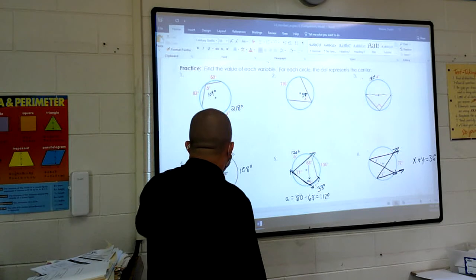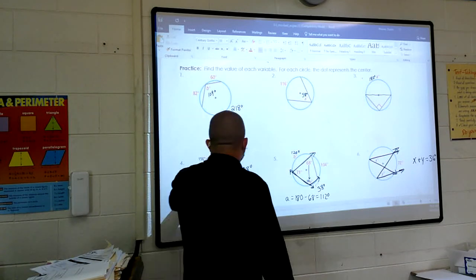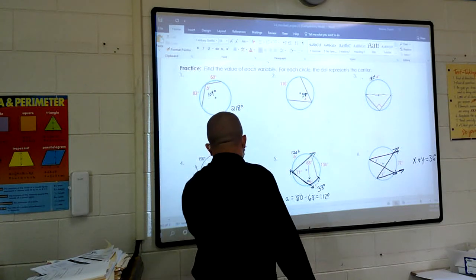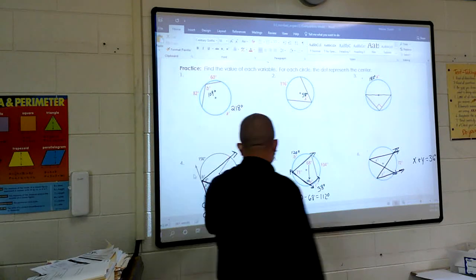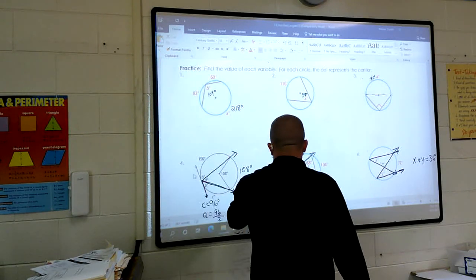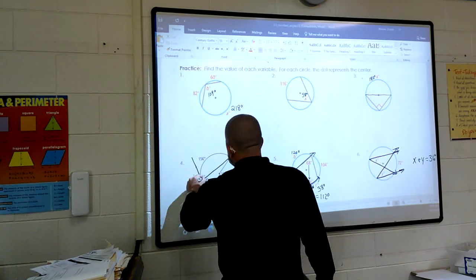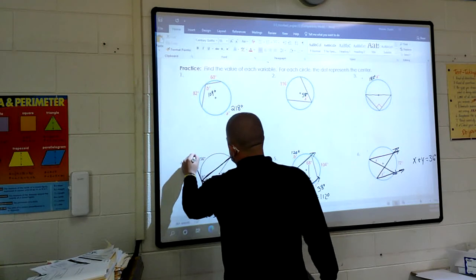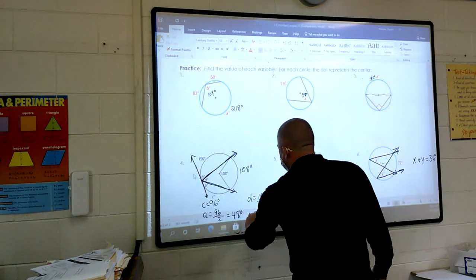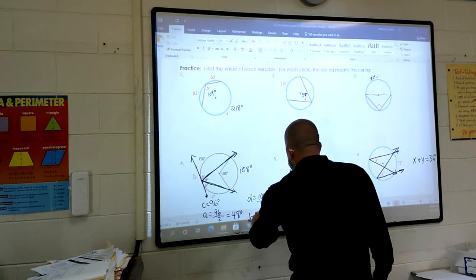D is half of that 108 degree arc. So D is 108 over 2, which gives us that 54 degree angle. And then B is going to be half of the 156 degree arc. So B is 156 over 2, which is 78 degrees.